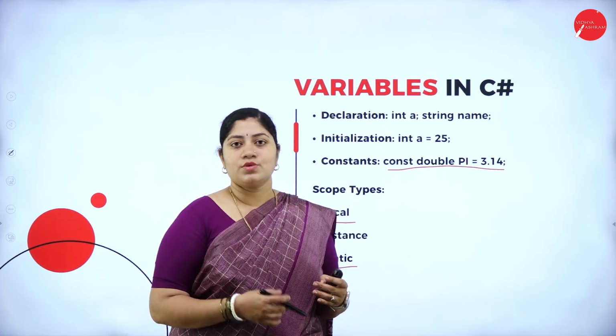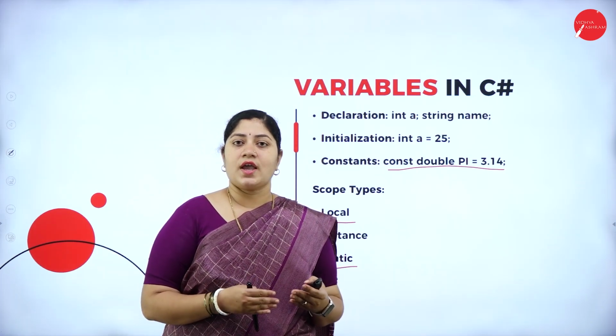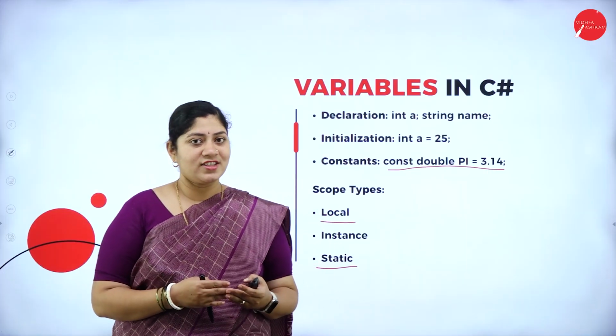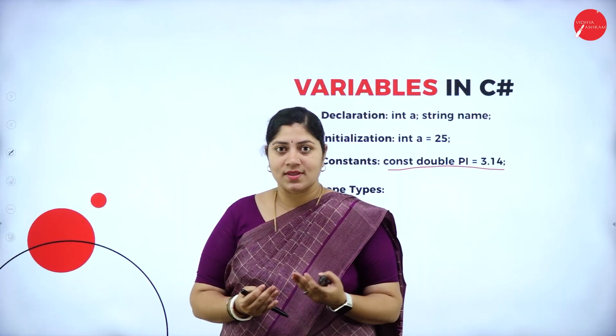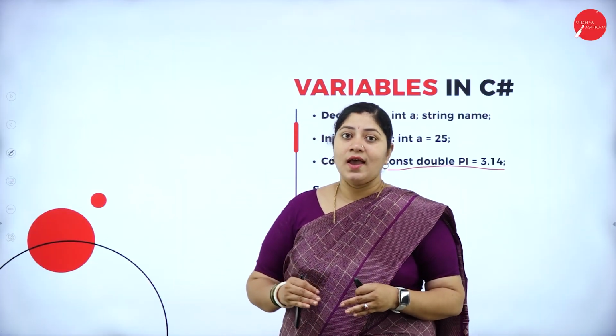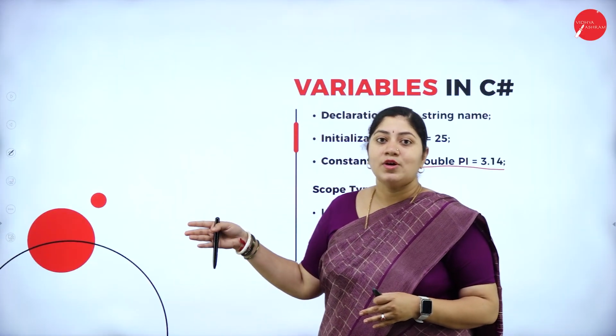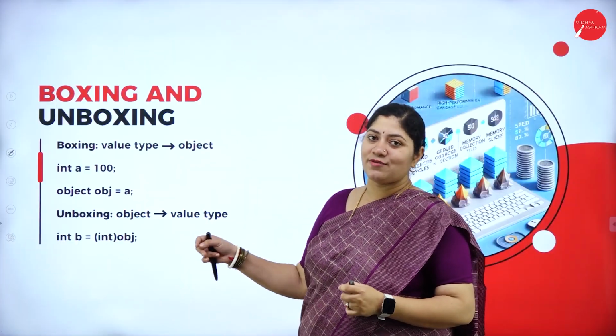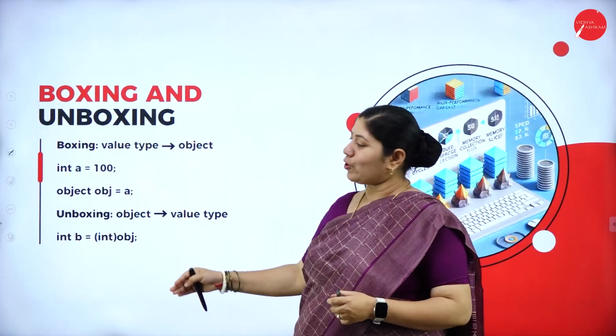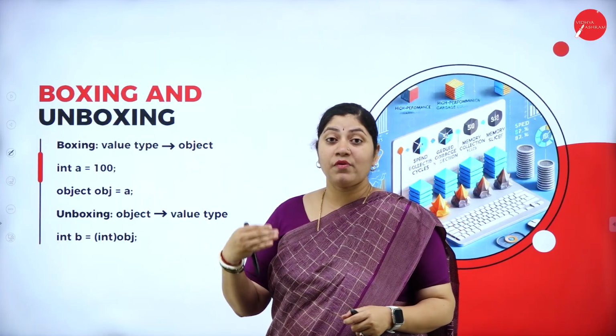Now we have understood what variables, classes and array lists are, how to initialize them, and how to access them. All these things are done. And in the last slide we had mentioned boxing and unboxing, right? So now let's see what boxing and unboxing are. It is a type of conversion.